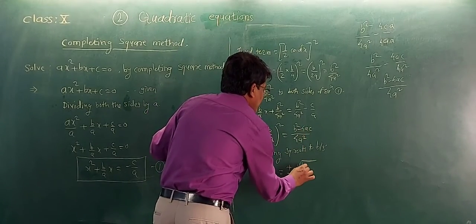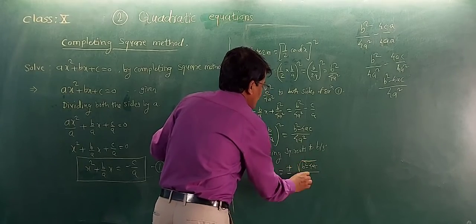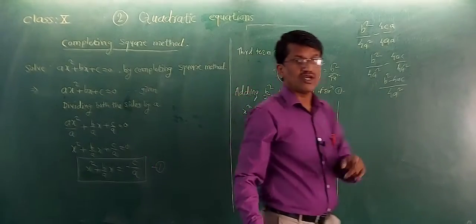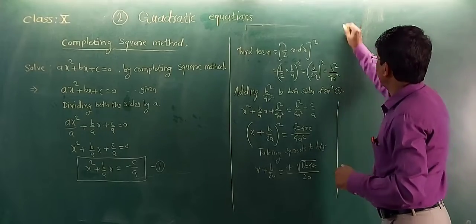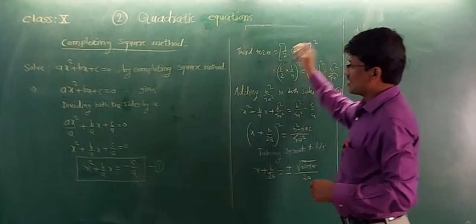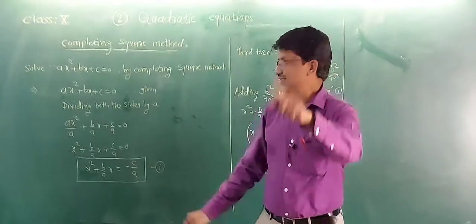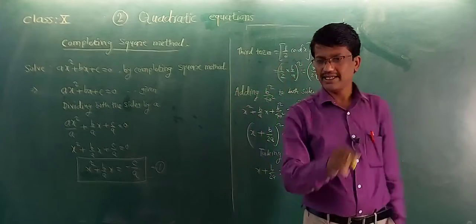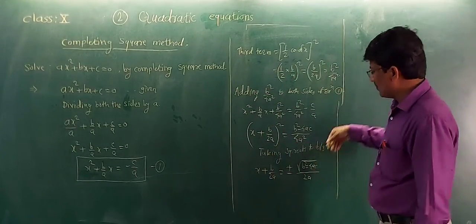So keep it in a bracket, b square minus 4ac upon twice of a. Okay, we have to find the value of x, because our question is to solve this equation. Solving this equation means this equation is in the variable x, so we have to find the value of x. We can find the value of x by shifting this term to the right side.